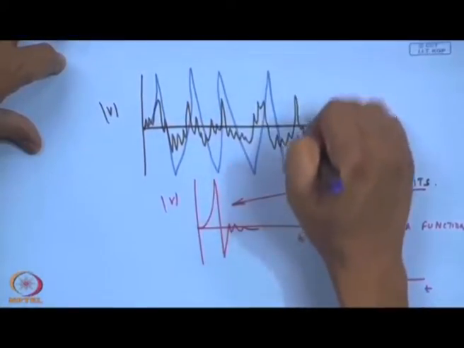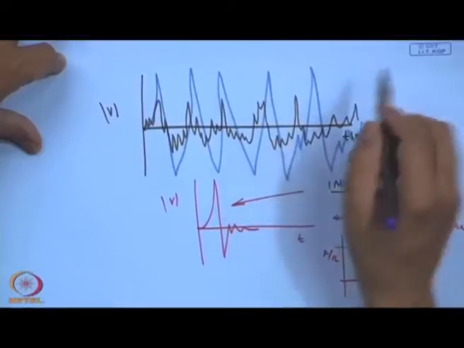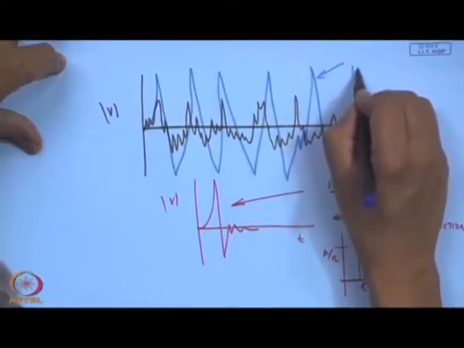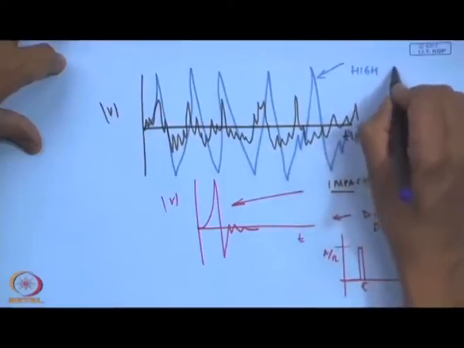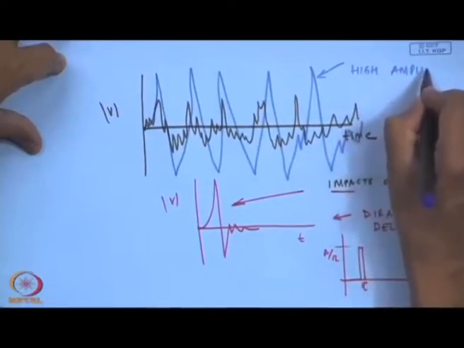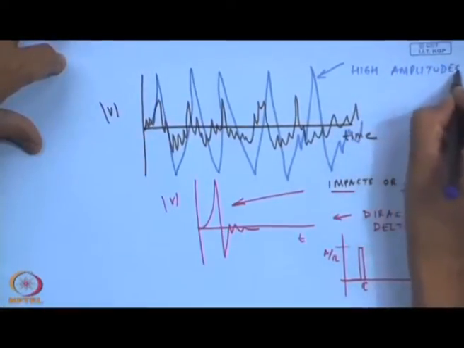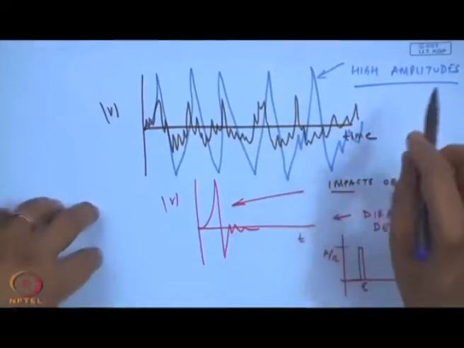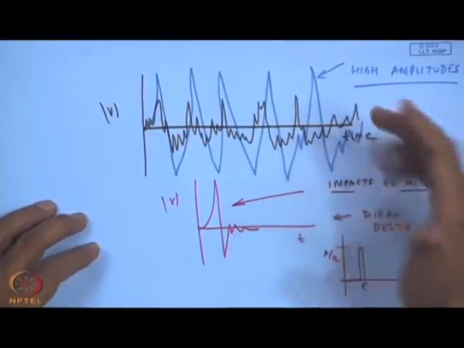So, first of all, these are high amplitudes, significant variations. Now, in vibration monitoring, once we have the transducer, this is followed by a data acquisition system. I will come back to this figure later.